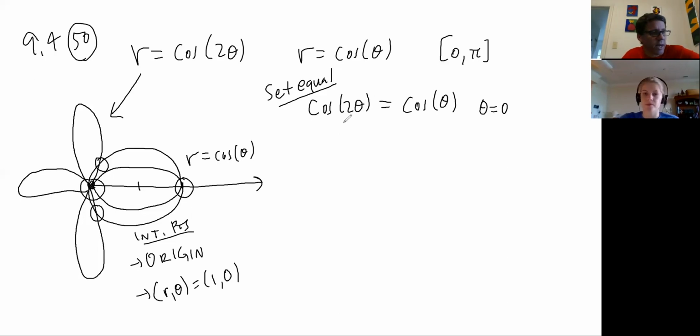So cos 2θ, maybe there's some nice identity on that one. Where are my trig identities? Cos 2θ is equal to, there are a couple of identities here. Cos 2θ is equal to 2cos²θ − 1.